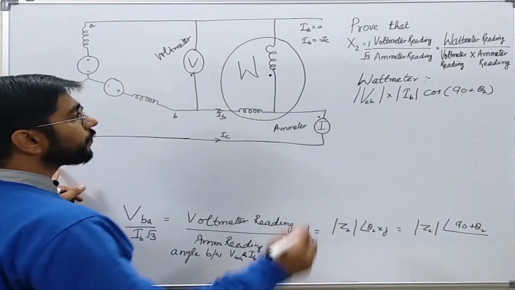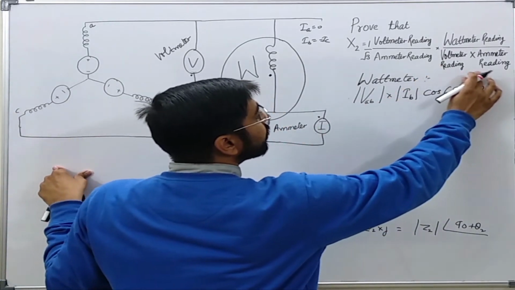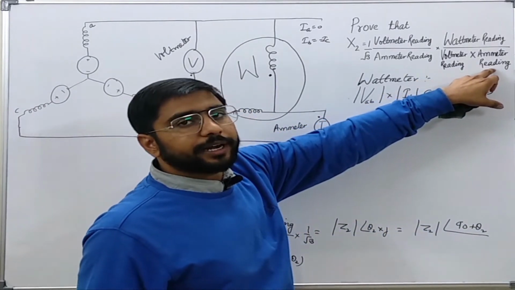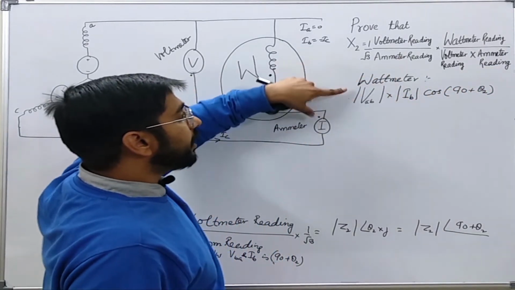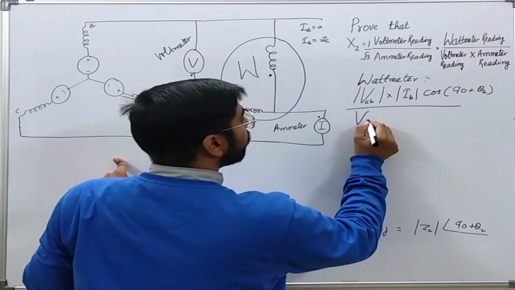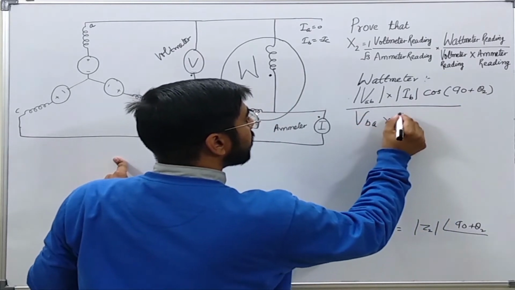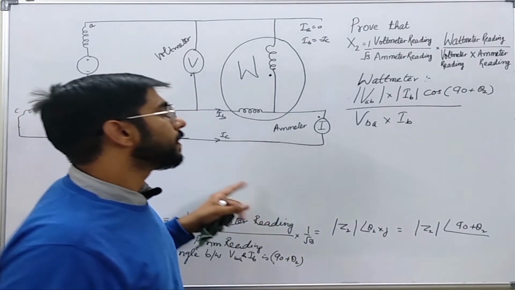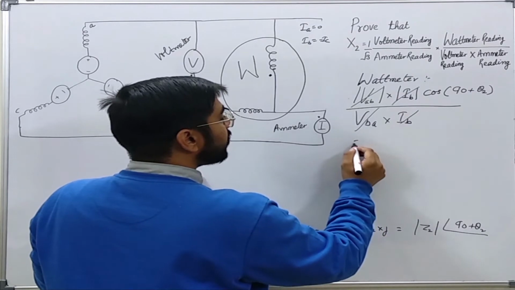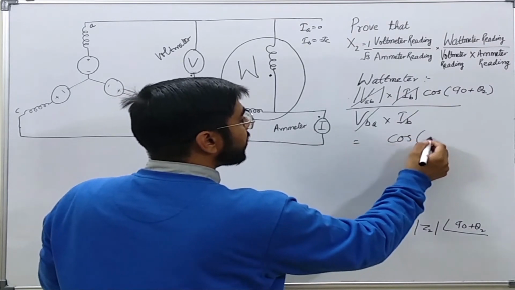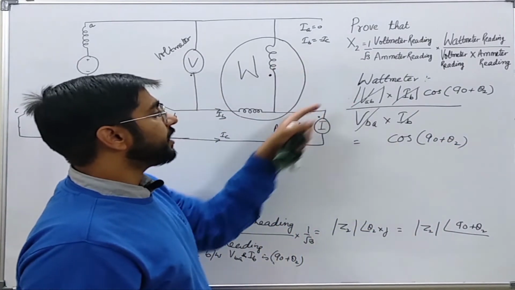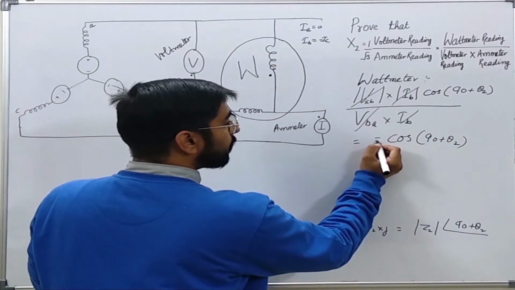Okay, now if I divide the reading of the wattmeter by the product of the voltmeter reading and the ammeter reading, what will I get? VBA into IB, so this will get cancelled out. So the only thing remaining is cos of 90 plus theta 2, and depending upon the deflection of this needle, this can be either minus or plus.